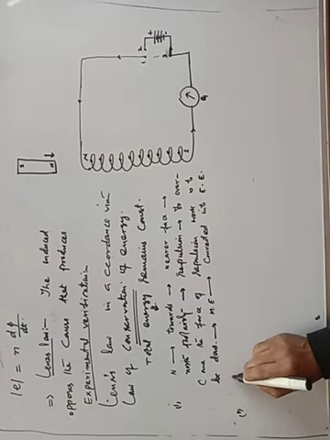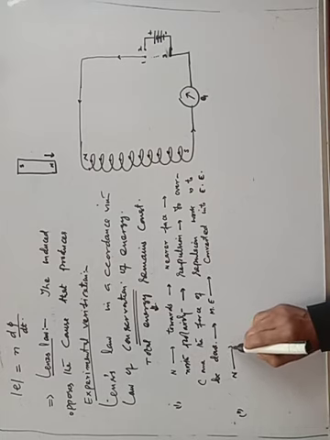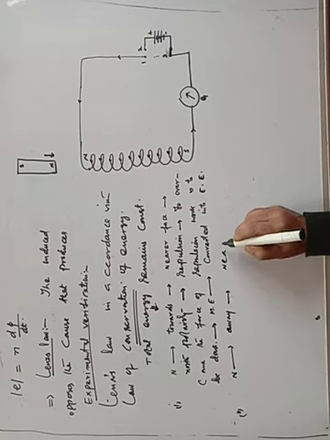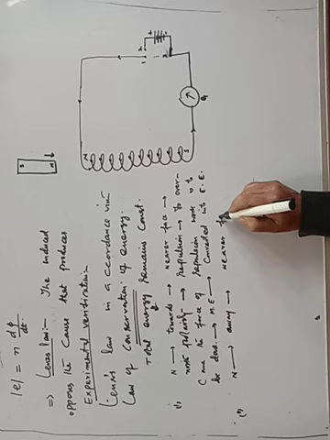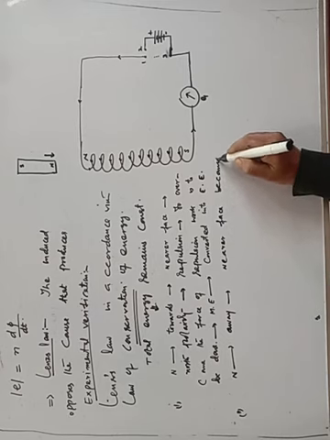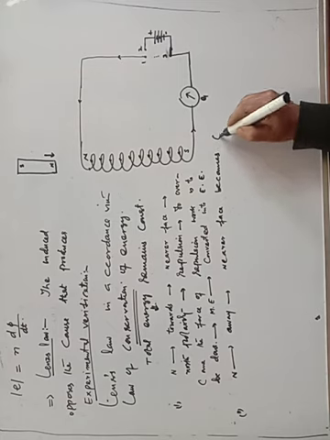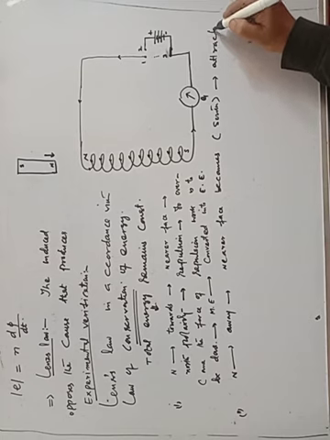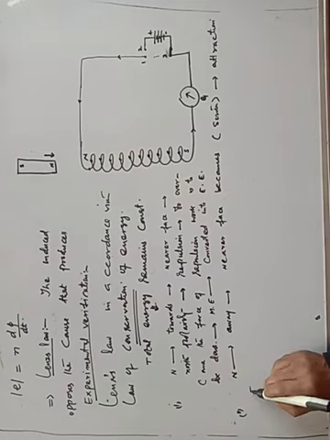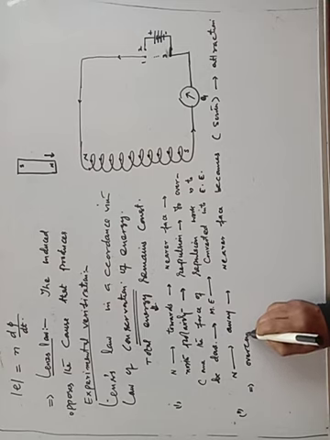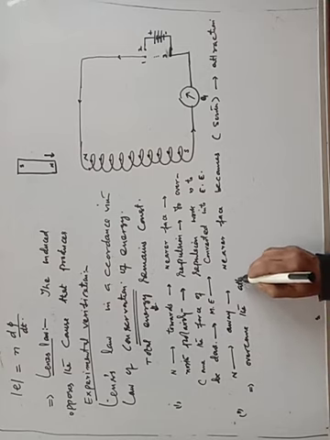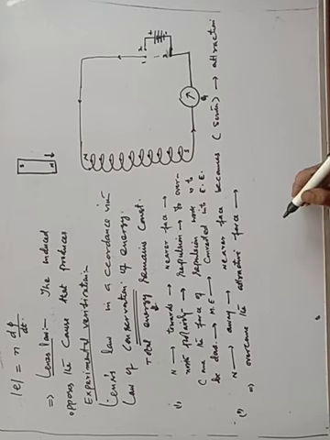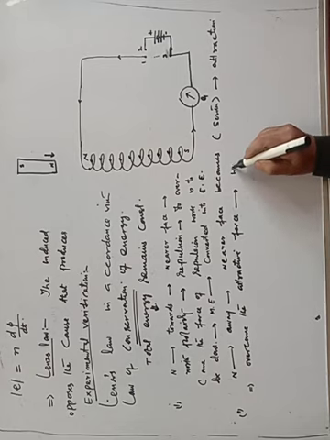Next case, when north pole is taken away, what happens? Nearer end or nearer face becomes south or north? No, south. It becomes south. तब यहां पे क्या होगा? अट्रैक्शन होगी. So in order to overcome the attractive force, we require energy or work done.